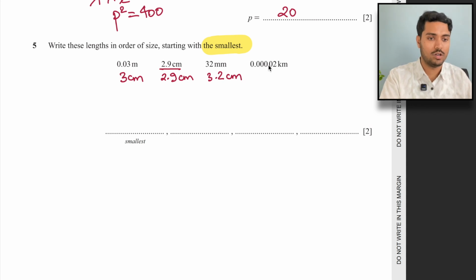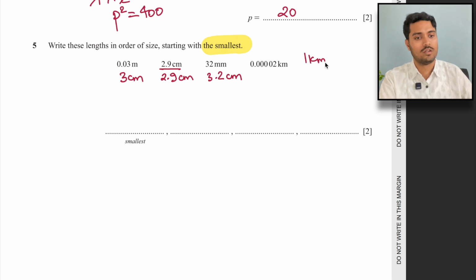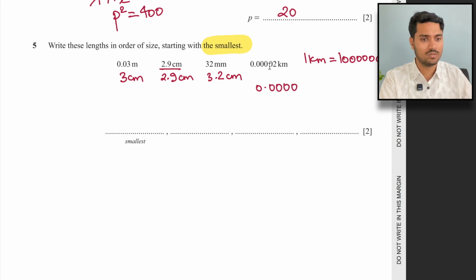We have 0.00002 kilometers. So 1 kilometer is 1 and 5 zeros centimeter. So if we multiply 0.00002 with this, we will get 2 centimeters.